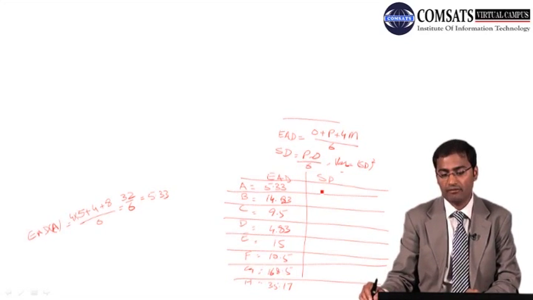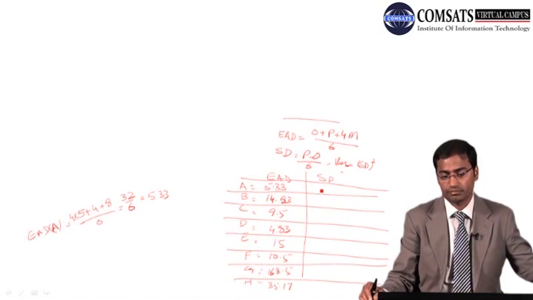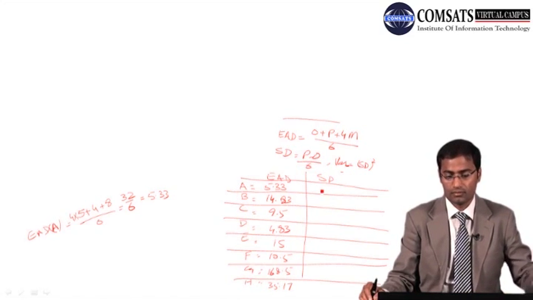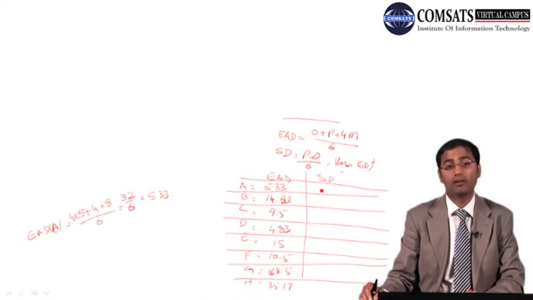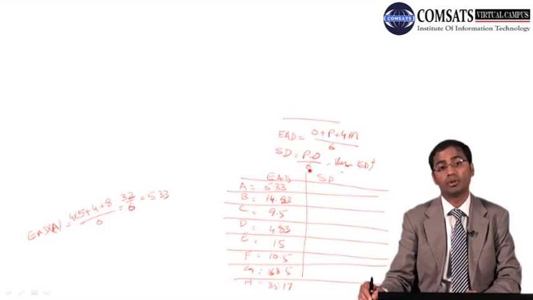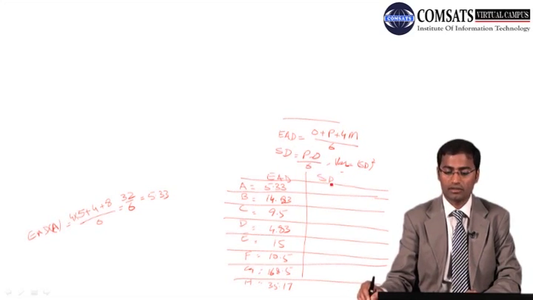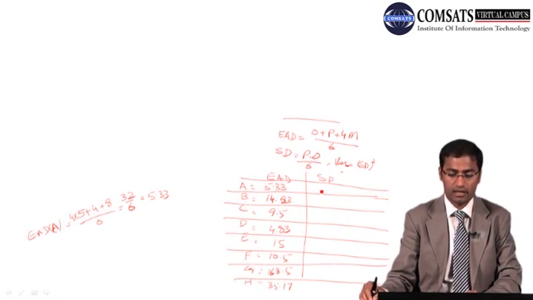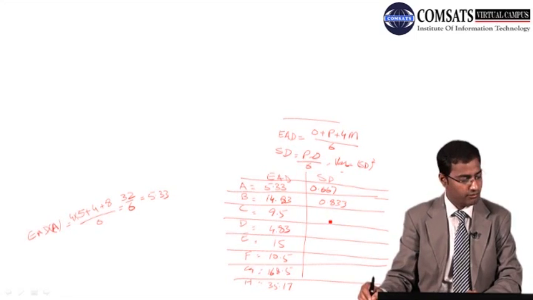Now we will have the standard deviation, and for standard deviation we will use this formula, P minus O by 6, and hence standard deviation for A is 0.67, B is 0.833, and for C similarly we can find out.